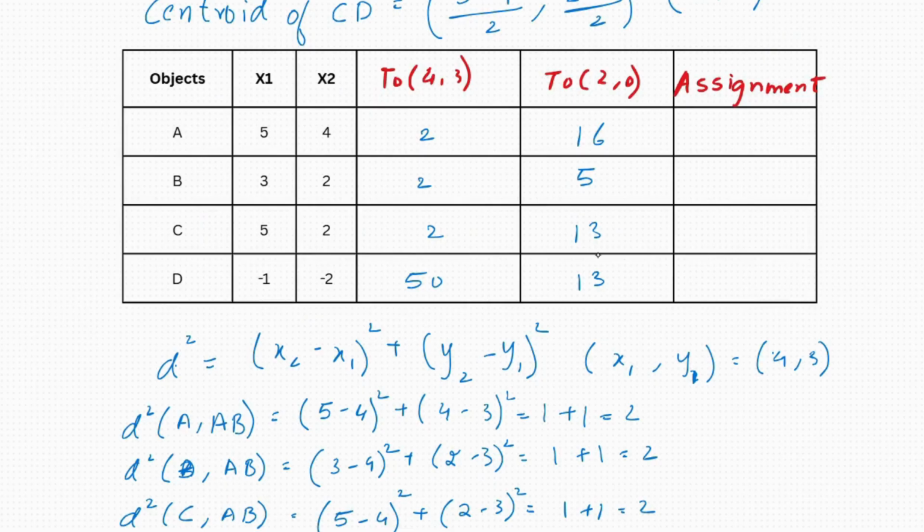So now let's take the shortest distance. From these two, which is the shortest distance for the first point? It's 2, so we will take cluster 1. From this, which distance is low?